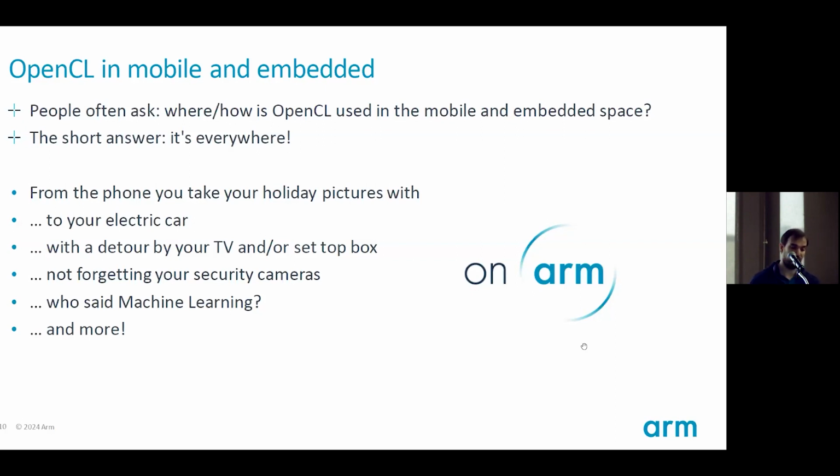It's really not uncommon. And that's basic processing of it, effects on it, and all that. You'll find OpenCL and Mali GPUs in your electric car as well. That's not something that people might have suspected. In your TV, in your set-top box, processing images.